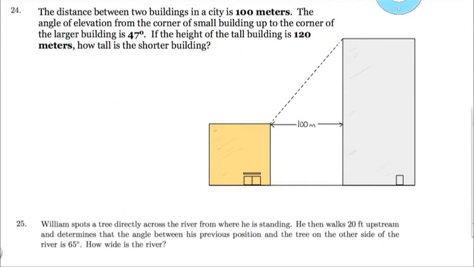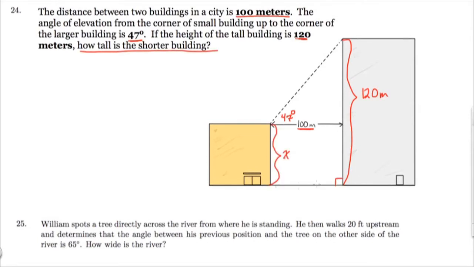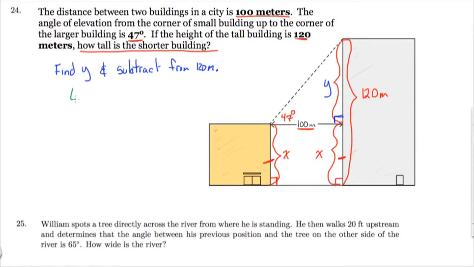In 24, I've got 2 buildings that are 100 meters apart. The angle of elevation from the corner of the small building is 47 degrees. The height of the tall building is 120. How tall is the short building? Well, I know I have a rectangle here in between the 2 buildings, so the opposite sides will be equal.